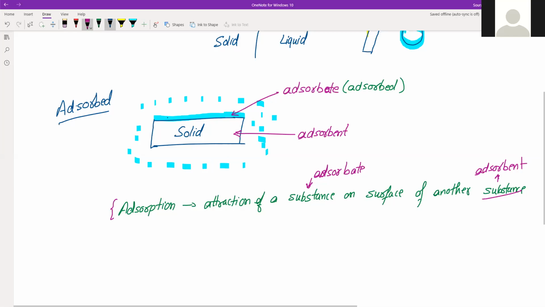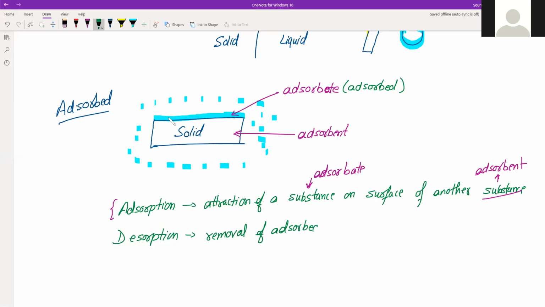And there is another process that is called desorption. Desorption is nothing but, instead of attraction, we'll say removal of the adsorbed substance from the surface of the adsorbent.